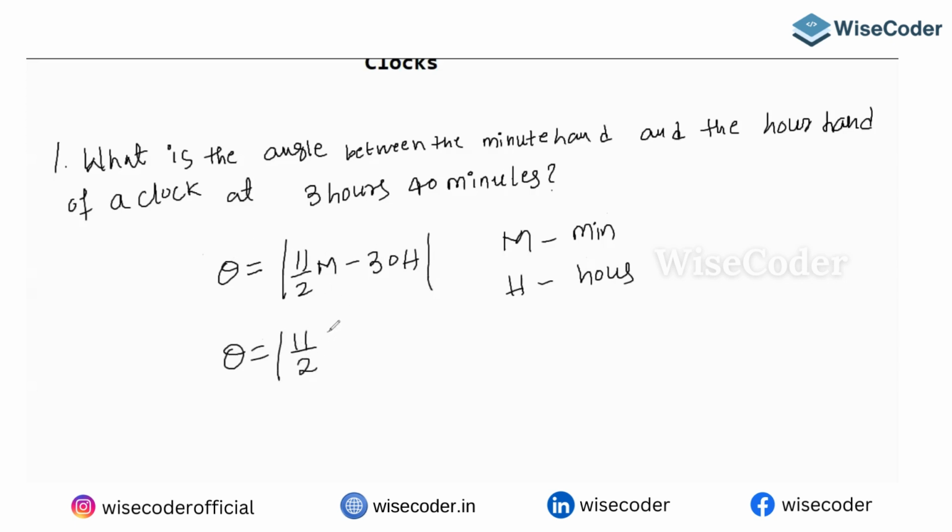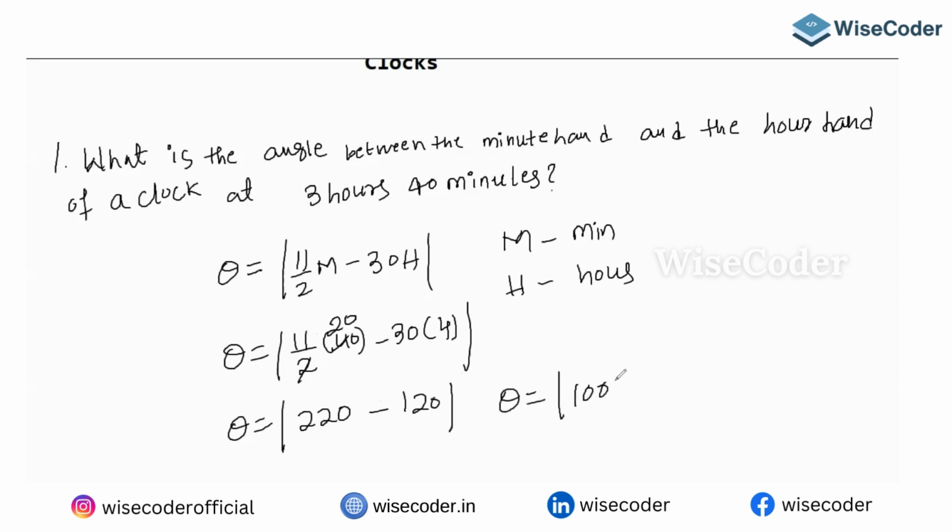Minutes. How many minutes are there? 40, minus 30 h. What is h? 4. Okay, so 11 2s are 220 minus 120. So if you cancel that, theta, how much are you going to get? 100. Yes or no? Okay, so sorry, hours is only 3 hours, no? When this is 3 hours, it's going to be 90. When this is 90, wait a minute.